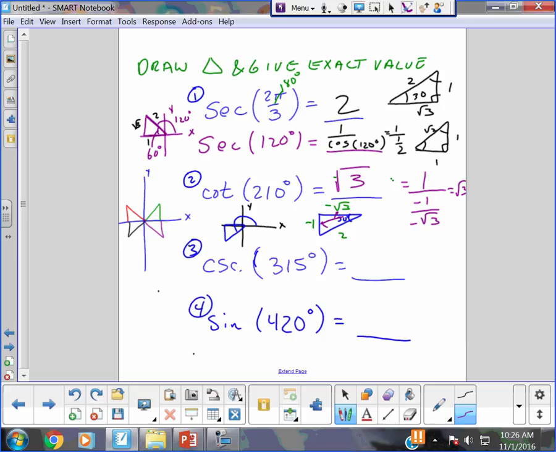All right? The signs of the trig, guys, are dictated from the quadrants they're in. And everybody, I made a mistake on 1. What's the mistake I made on 1?